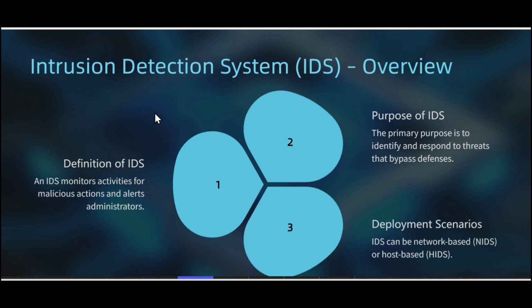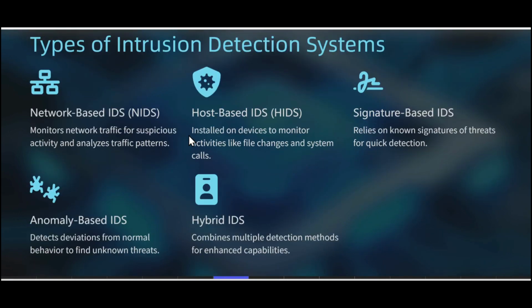IDS are commonly deployed in two forms. The first one is network based, and the second one is host based. Signature, anomaly, and hybrid are subtypes.